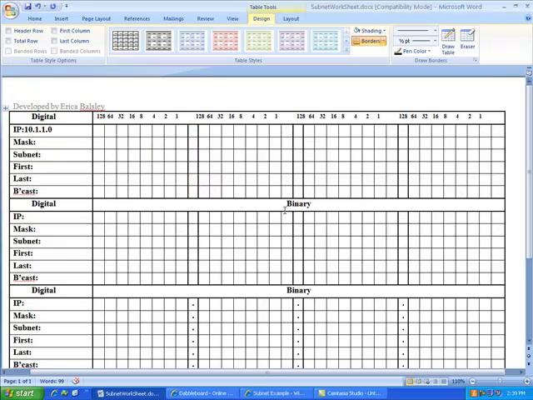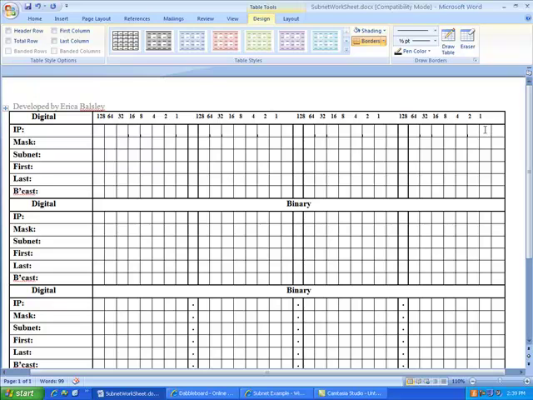I'm back to the blank worksheet, and I'd like to work on the one that I showed you early on to connect the routers together. 192.168.100.0 network, and we only need 2 bits because we need 2 hosts: 2 to the 2nd minus 2 is going to give us 2.